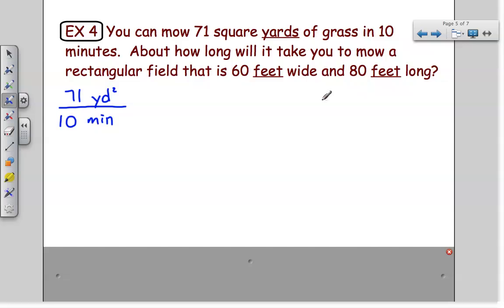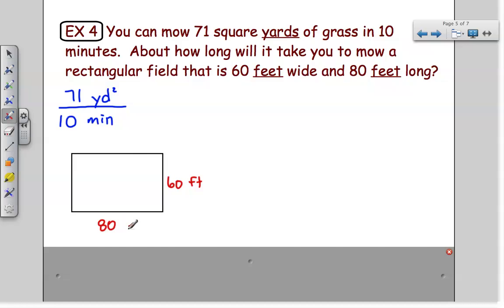Question is, how long will it take you to mow a rectangular field? Well, if it's a rectangular field, maybe I'll put a little rectangle down. Here's my rectangular field. It measures 60 feet wide, 80 feet long. I'll put those dimensions. 60 feet wide, 80 feet long.